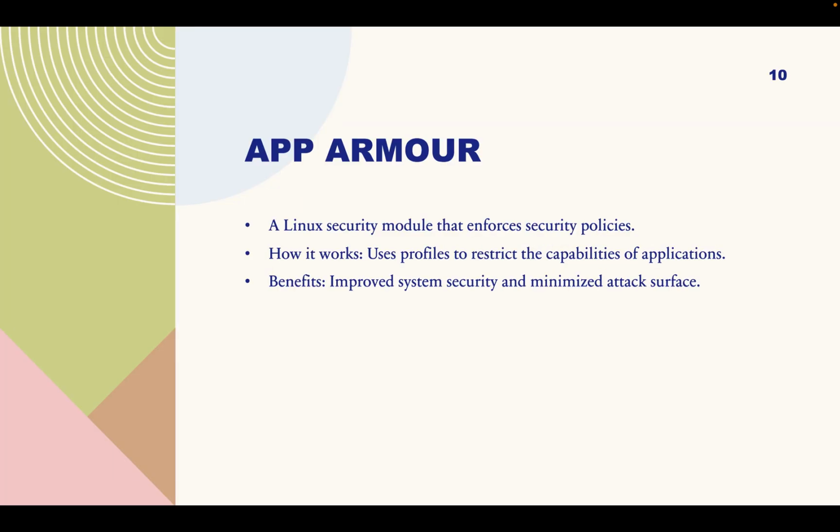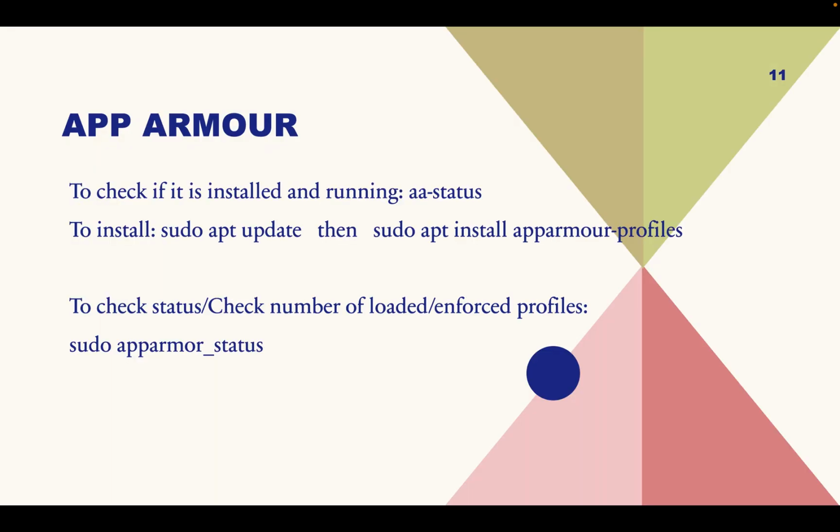So moving on to AppArmor. AppArmor is a Linux security module that enforces security policies. It works by using profiles to restrict the capabilities of the application. For benefits, it has improved system security and minimizes the attack surface.